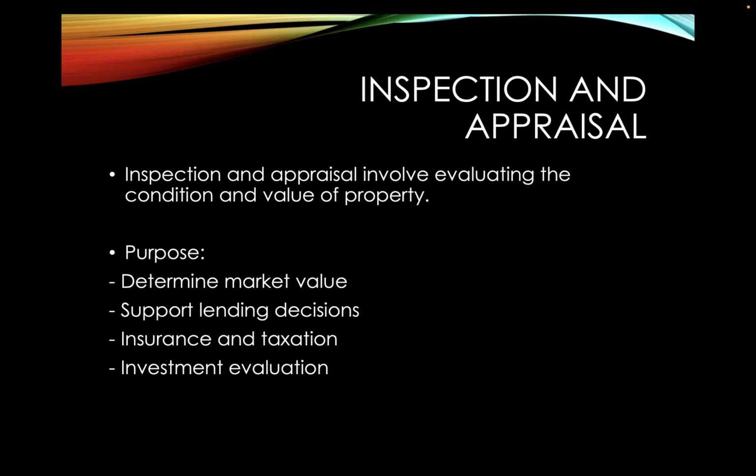So what's the purpose of inspecting and doing some appraisal of this property? The purpose would be, number one, determine the market value, support lending decisions, insurance and taxation, and investment evaluation.